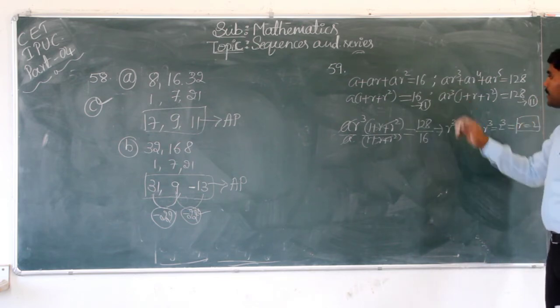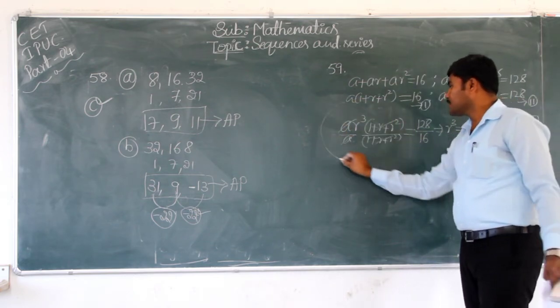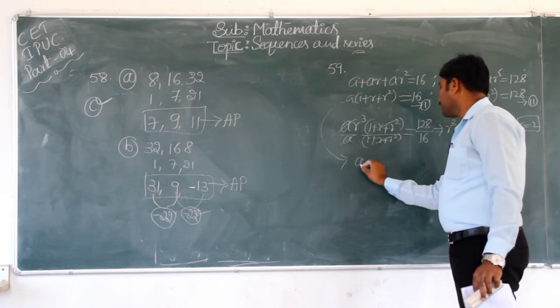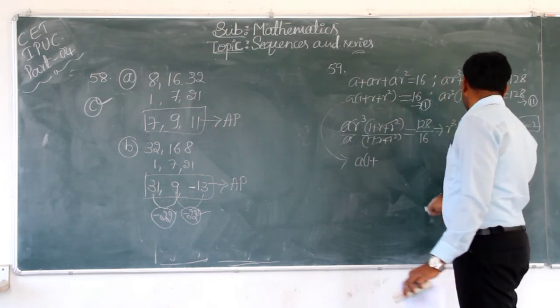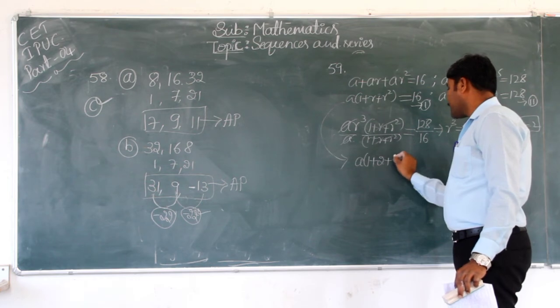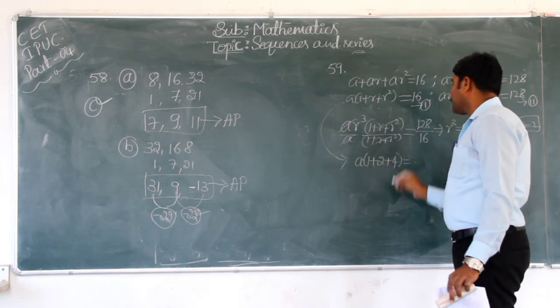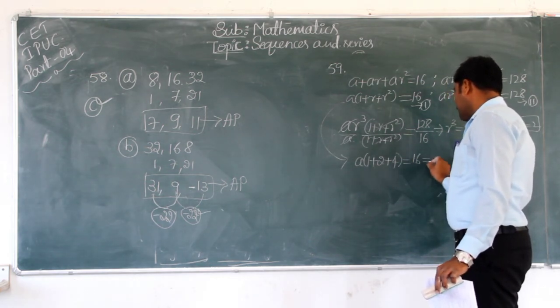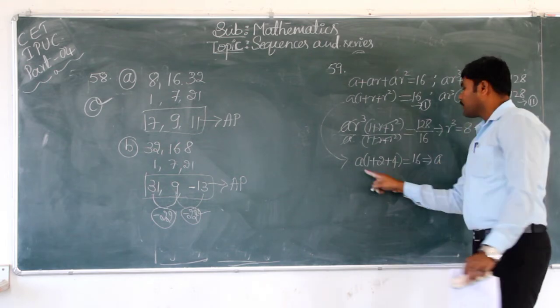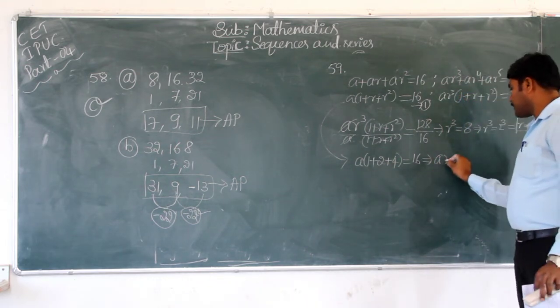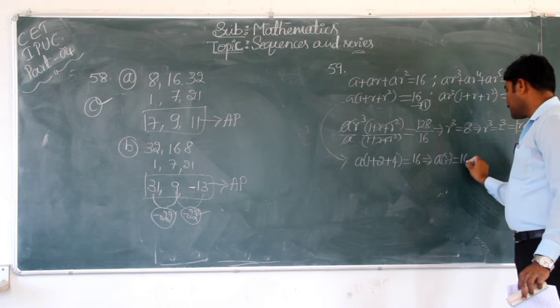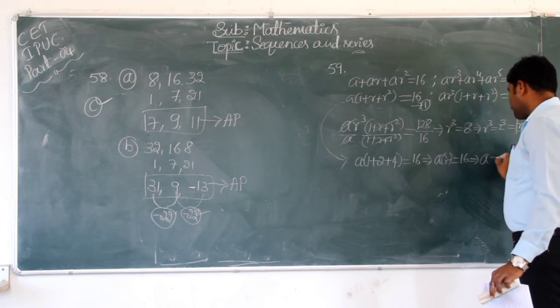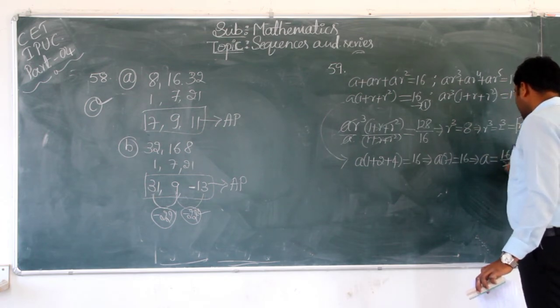Substitute the value in either of the equations. Now this equation becomes a of 1 plus r, means 2, plus 2 square, that is 4, is equal to 16. Hence, a into 1 plus 2 plus 4, that is 7, is equal to 16. a becomes 16 upon 7. Hope you understand this.